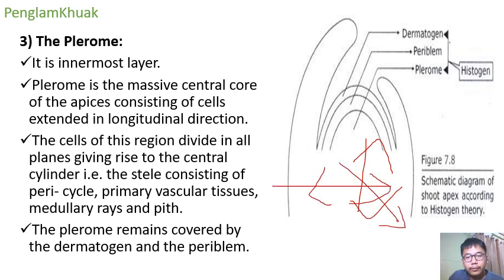Because of that, it makes the central cylinder, that is the stele. This stele consists of the pericycle and primary vascular tissue, that is xylem, phloem and cambium, and it also produces medullary rays and pith. This plerome remains covered by the dermatogen and periblem.